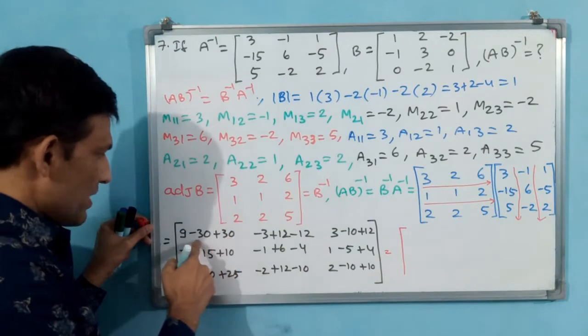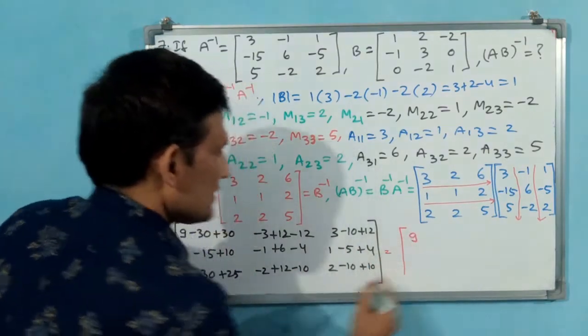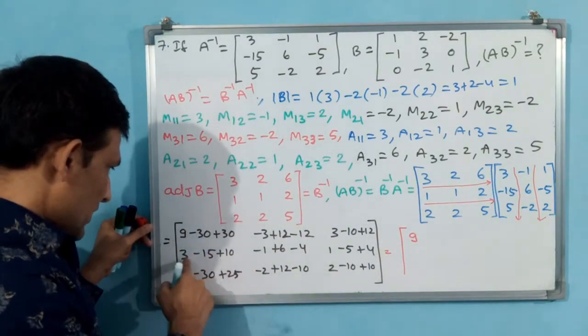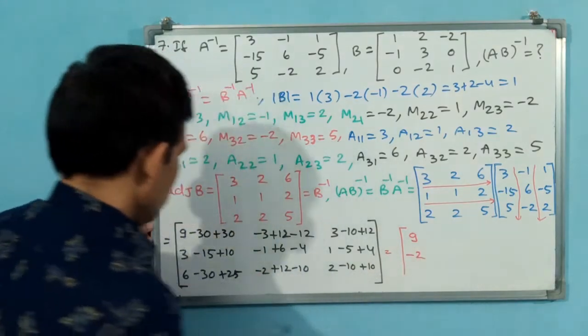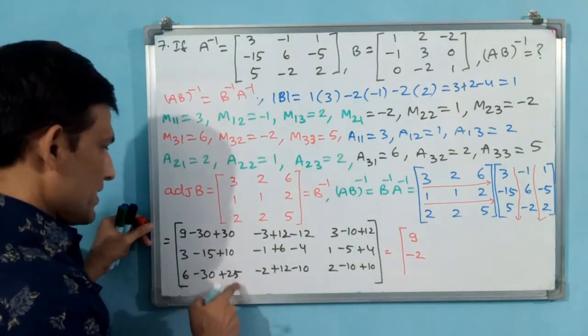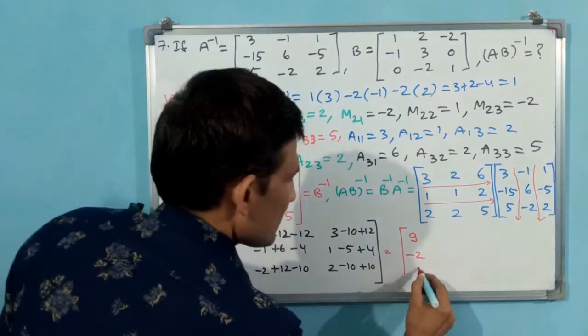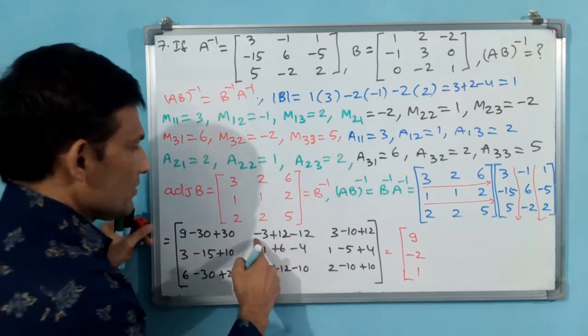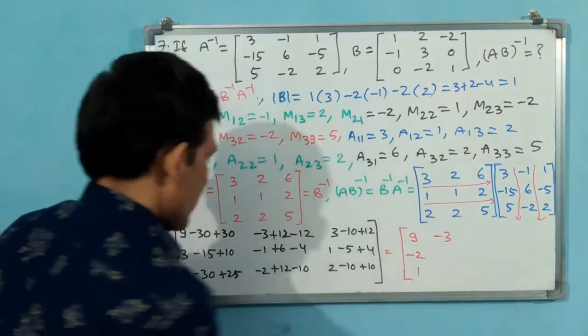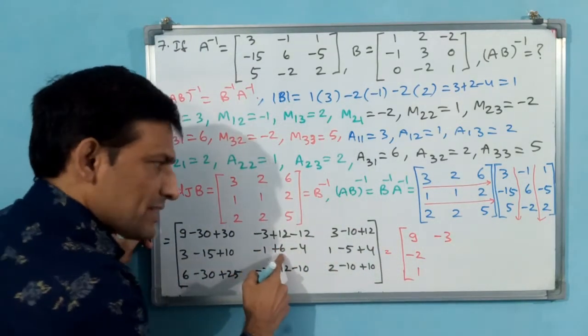Okay, see, plus 30 minus 39. See, 13 plus 13 minus 15 minus 2. Okay, 31 minus 31 plus 12 minus 12 minus 3. Minus 5 plus 6, 1.